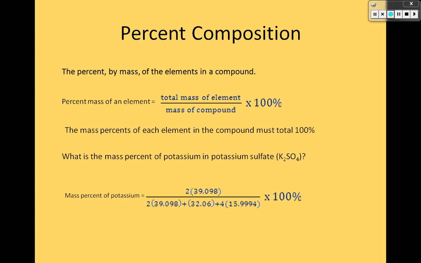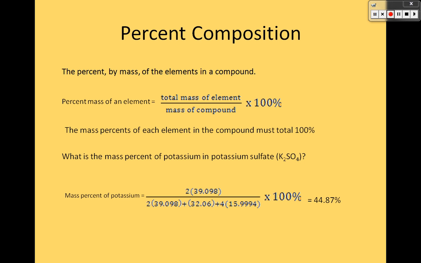Make sure you can use the calculator properly. And that gives you 44.87%. So then go ahead and calculate what's the mass percent of the sulfur, what's the mass percent of the oxygen. And once you get to the oxygen, having calculated the sulfur, you should be able to add the potassium and the sulfur and subtract that total from 100.